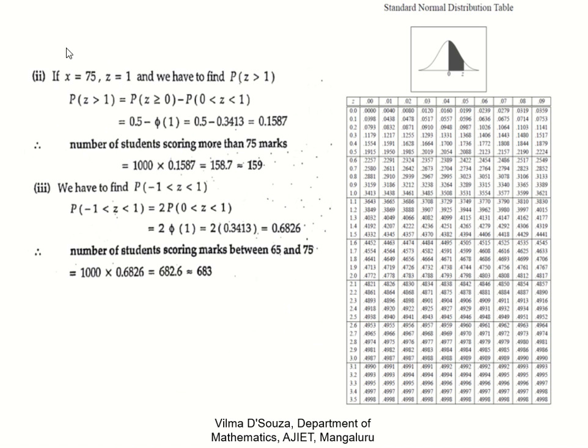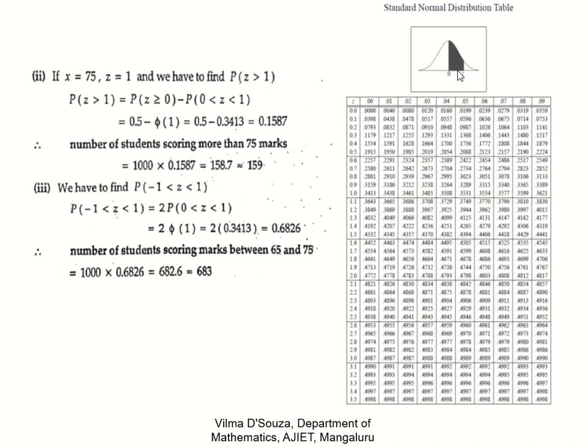So P of x greater than 75 is the same as P of z greater than 1. What do you mean by P of z greater than 1? Just now we saw, somewhere here you have 1.